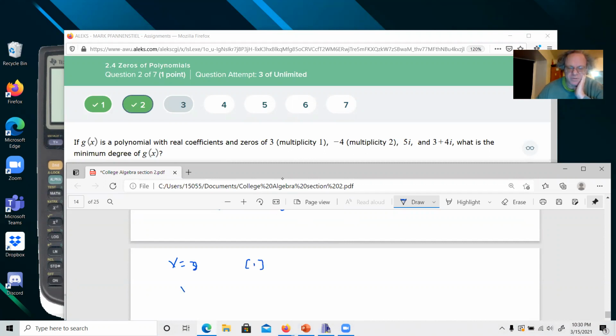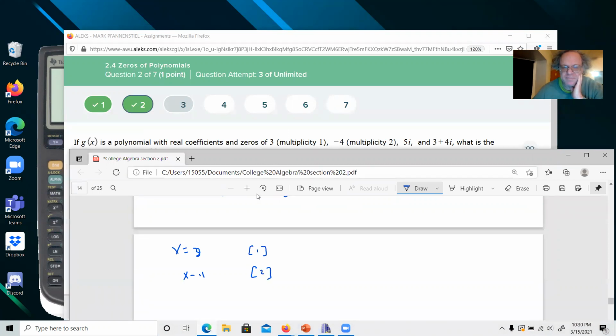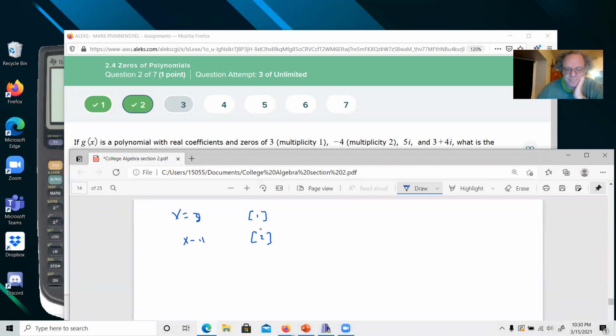Okay, we have x equals -4, and this happened twice. Then we have x equals 5i. Since 5i is a 0, I know automatically that -5i is also a 0 because it always has the conjugate.